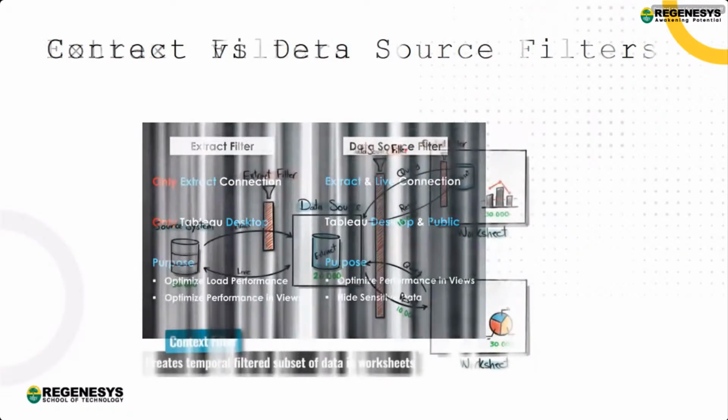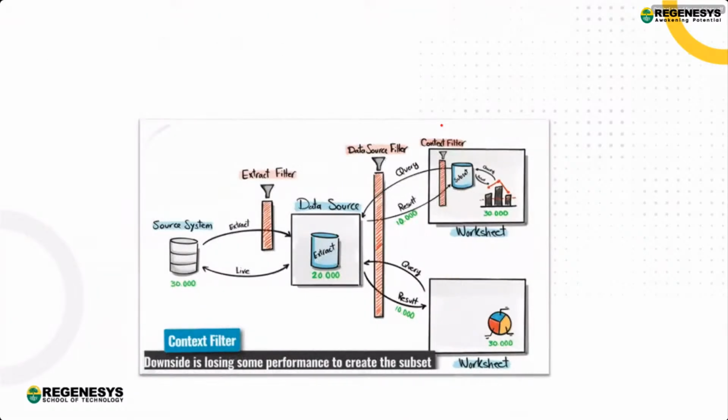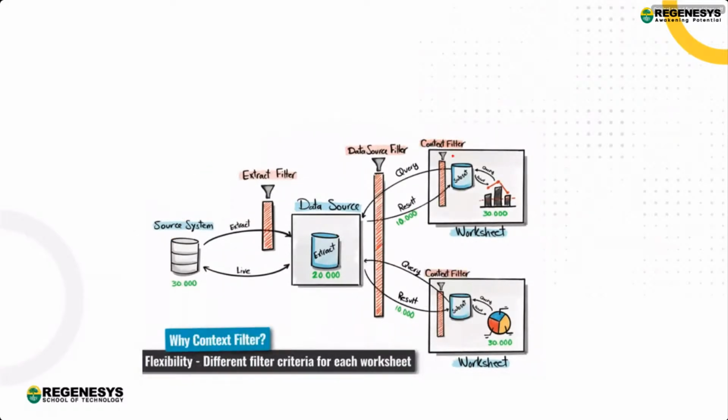Then we have seen the differences. We have seen the context filter. Context filter is a filter which we apply on the data in the worksheet. So this is applied at the worksheet level. Now, when I'm applying it at the worksheet level, it will somehow lose performance because, of course, everything goes here and then it gets applied at the context level.